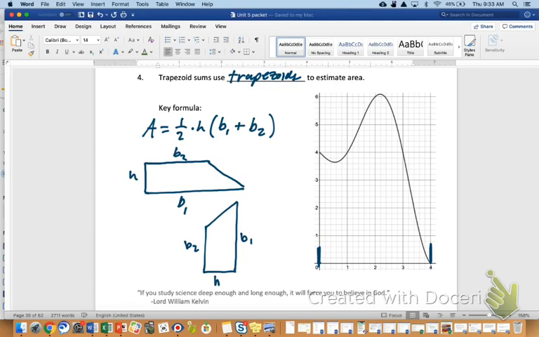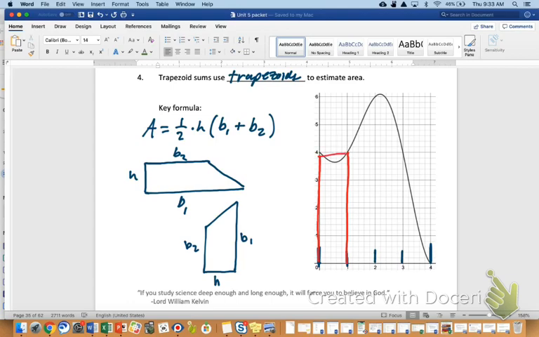I could use trapezoids to do so, and I'll split it up into 4 subintervals like I've done on a couple of the others. My first trapezoid would look like this. It would come up to this endpoint, it would come up to this endpoint, and we would connect those.